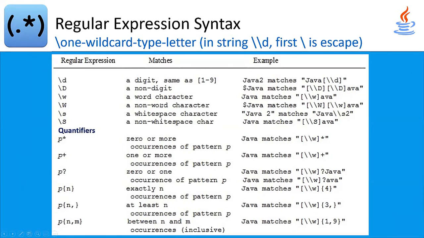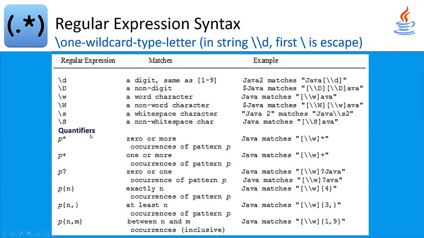Backslash W is a non-letter, so a non-letter will include digits, punctuation marks, white spaces, everything. Backslash s is a white space character, so that will be backslash t, backslash n, backslash space. And backslash S is non-white space, so it must be some symbol.